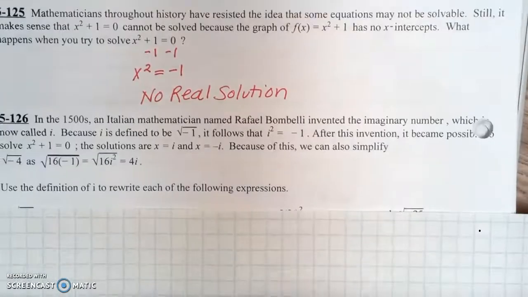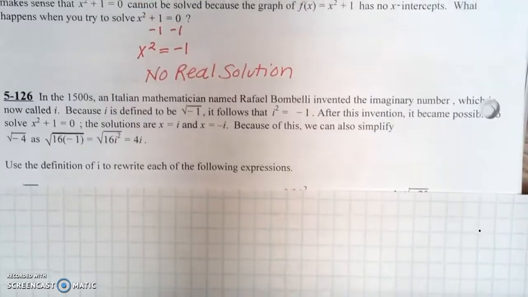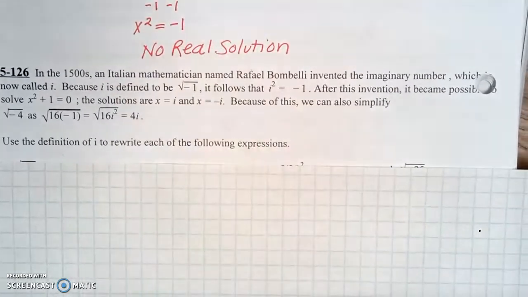So for question 126, it says, in the 1500s, an Italian mathematician named Raphael Bombelli invented the imaginary number, which is now called i. Because i is defined to be the square root of negative 1, it follows that i squared equals negative 1. After this invention, it became possible to solve x squared plus 1 equals 0.